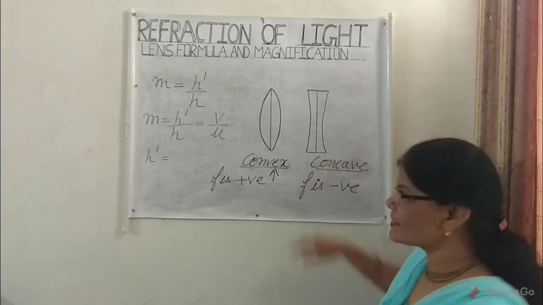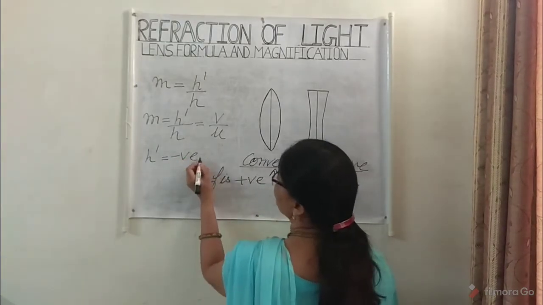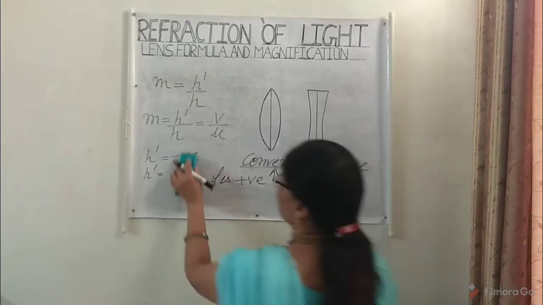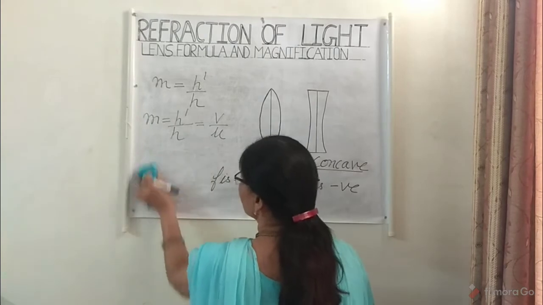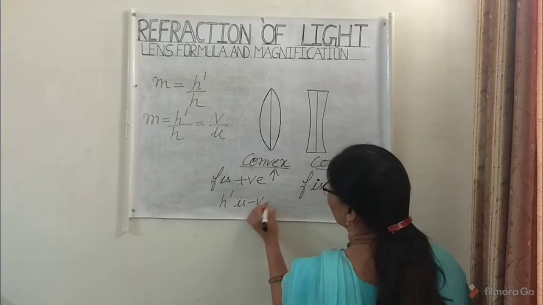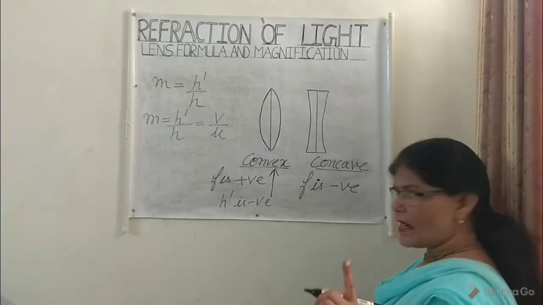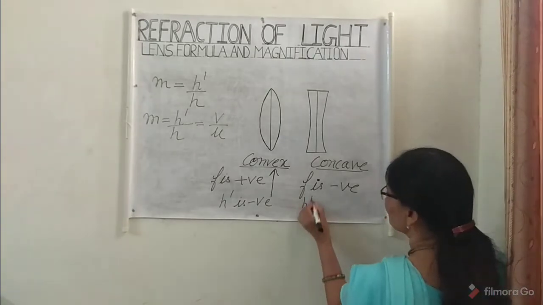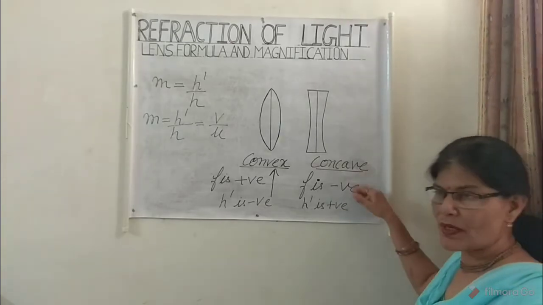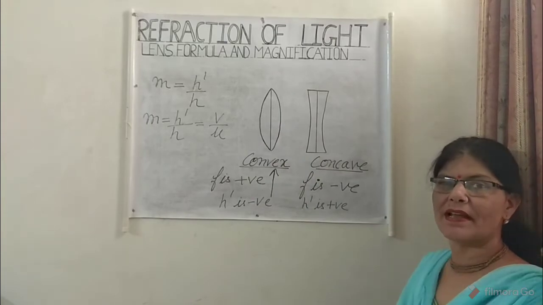h dash is negative for convex lenses except for the last case, and h dash is positive for concave lenses, because in the case of a convex lens, image formation is real and inverted.